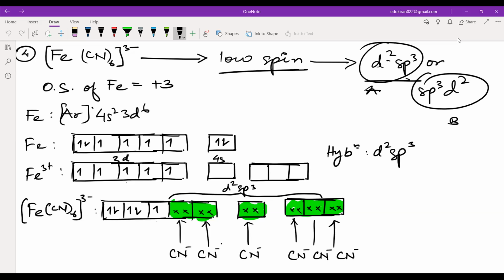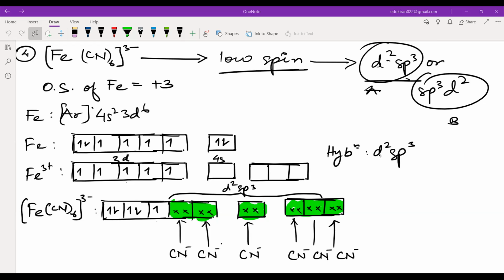As of now, you will ask me, sir, first tell me whether it is low spin or high spin, and only then can we calculate the hybridization. In the examination you will not be given whether it is low spin or high spin, because the chapter will be finished.